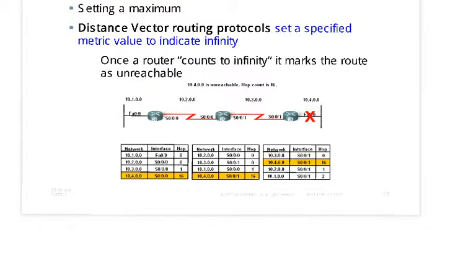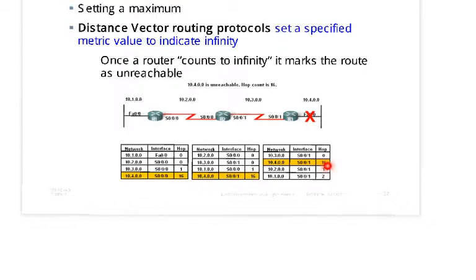So for that purpose, most of the distance vector routing protocols use a mechanism called count to infinity. And infinity here is not really infinity. Infinity for RIP version 1 and RIP version 2 is actually 16.